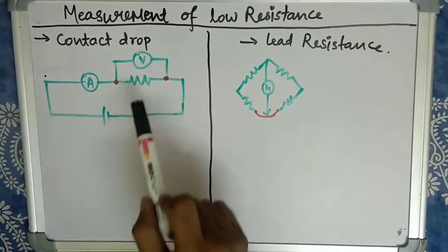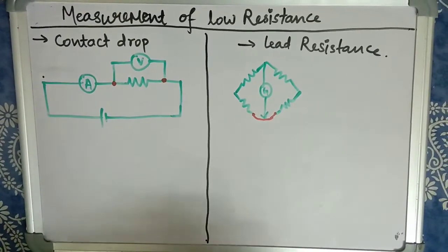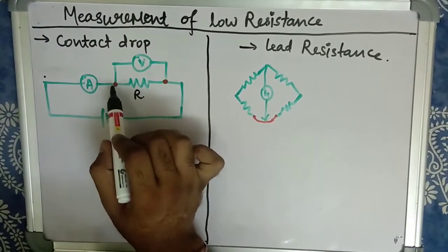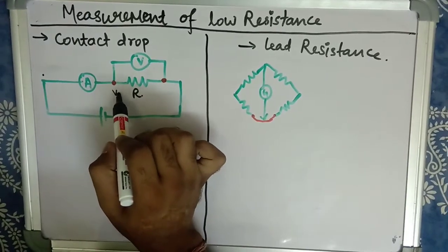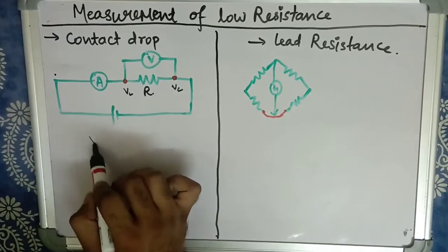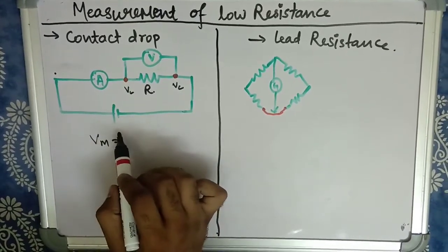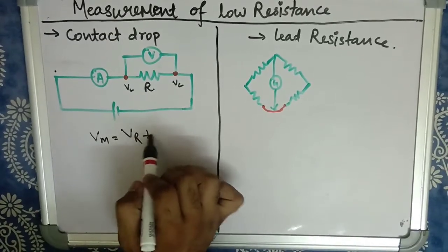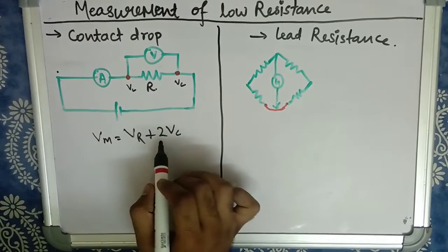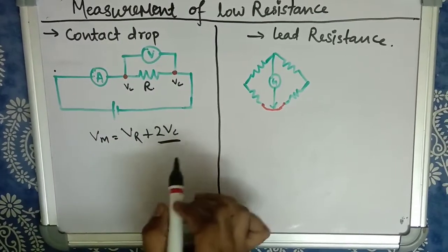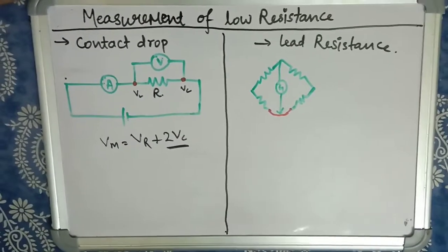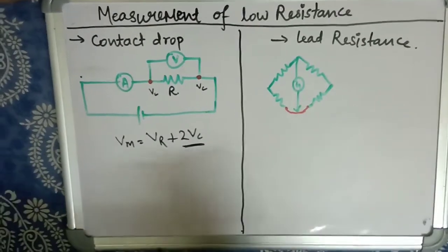Our resistance is R, and suppose the contact resistances give drops VC and VC. So the voltmeter reading comes out to be VR plus 2 VC. So we have this error.